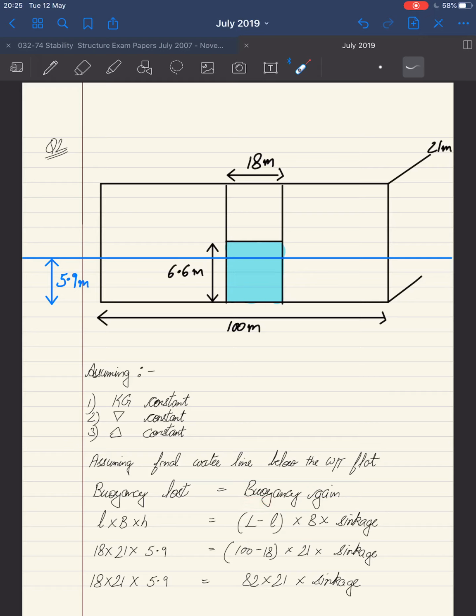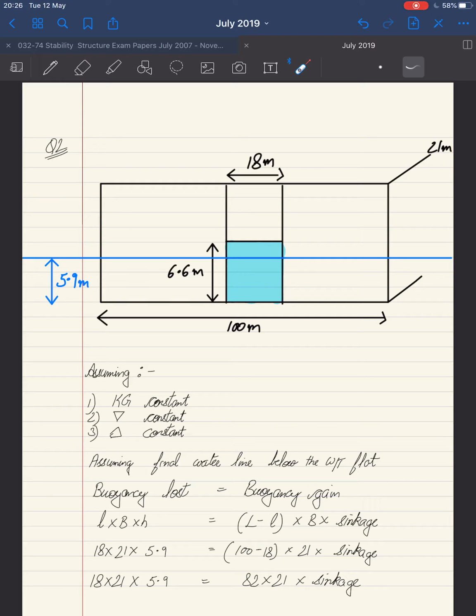So buoyancy lost is basically this part, which is the small l, the length of the compartment, multiplied by capital B, the breadth of the vessel since it extends the full breadth of the vessel, times the draft, which is 5.9 meters, is equal to buoyancy gain.